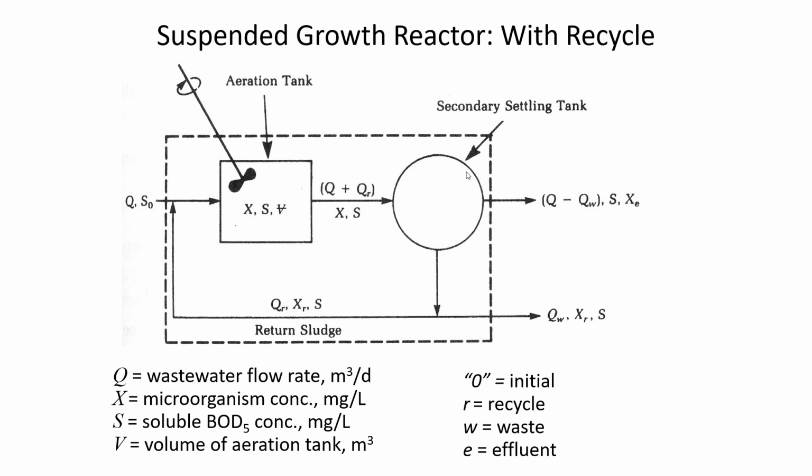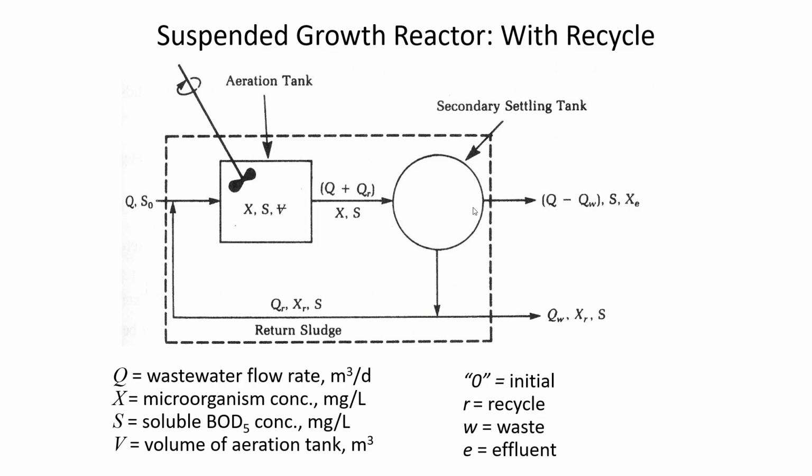So the water that comes out of the aeration basin is settling in the secondary clarifier, and then the sludge that goes to the bottom, a portion of it is returned and a portion of the sludge is wasted. So this is the waste sludge. And so X is the concentration of microorganisms. Here where it says R, that means in the recycle, so off the bottom of the secondary clarifier.